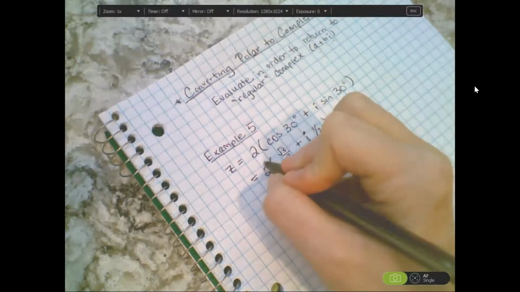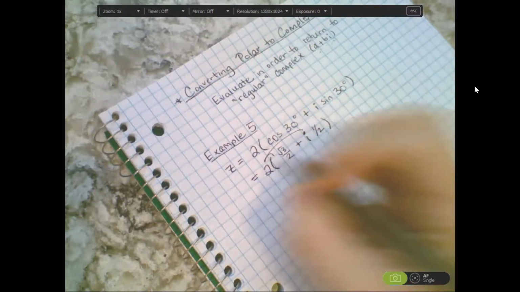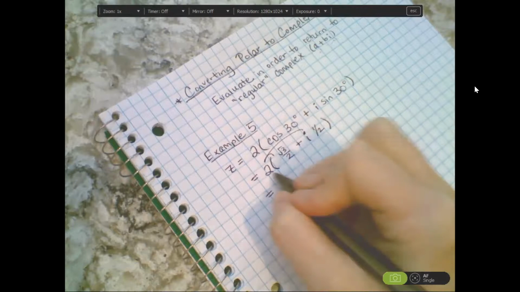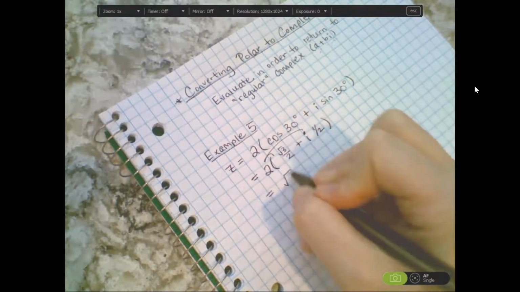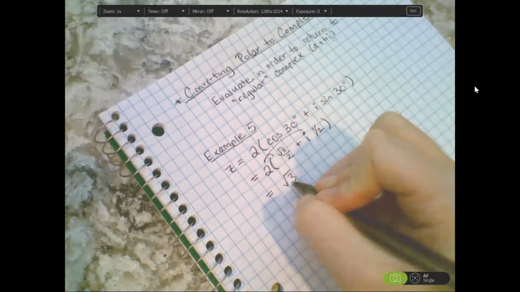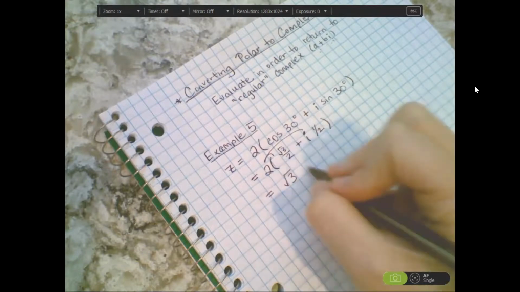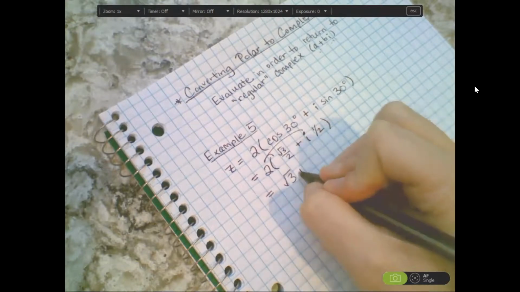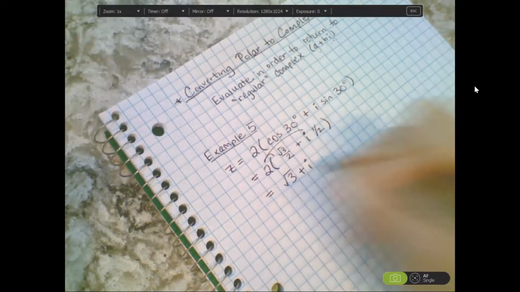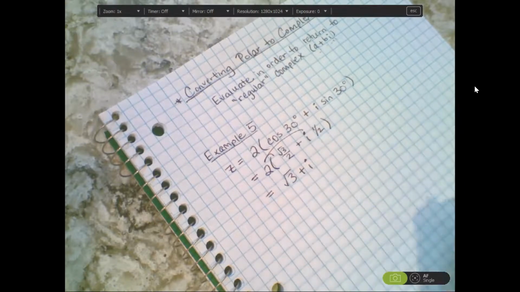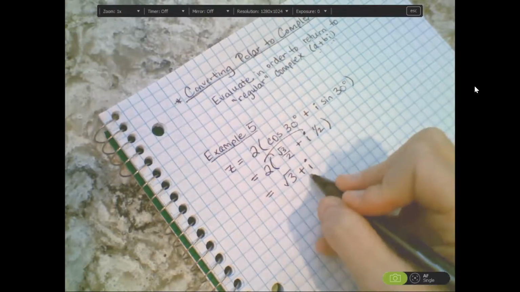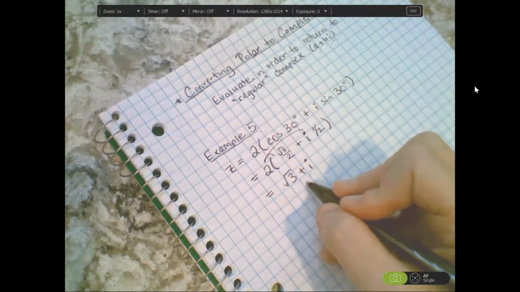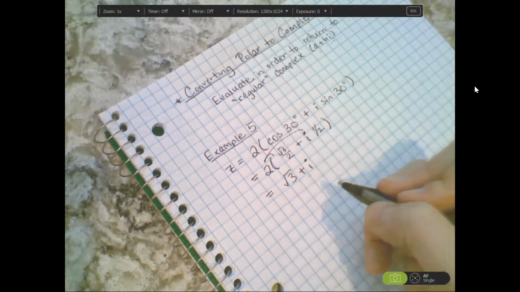So now what I'm going to do is I'm going to distribute my 2. So the 2's are going to cancel here, and we're just going to have root 3. And then 2 times 1/2, it's just 1. So this is just going to be plus I. And that's it. We've turned it back into just our normal A plus BI form.